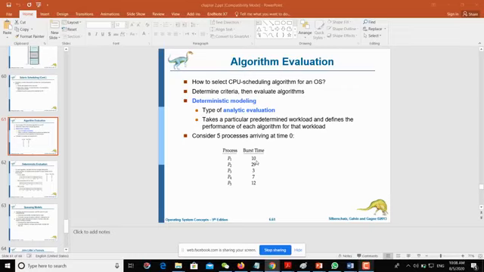P2 has a burst time of 29, P3 has 3, process 4 has 7, and process 5 has 12. Keeping these processes in mind, one needs to determine the overall evaluation, how much time it takes and how it gets executed, and which algorithm is chosen. Let's go to the next slide, then you will understand.